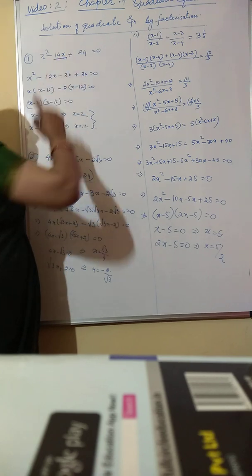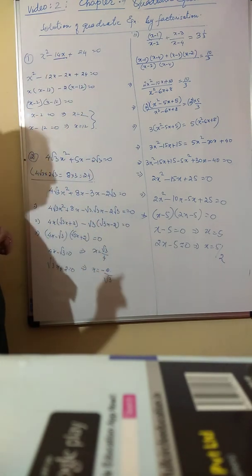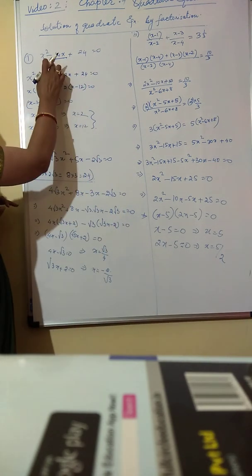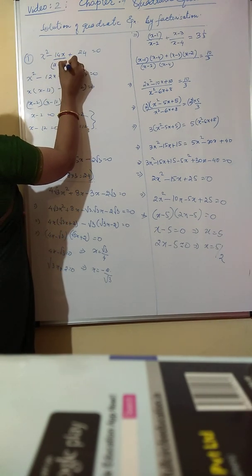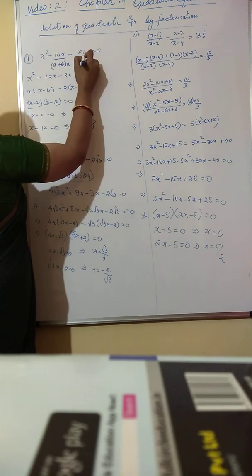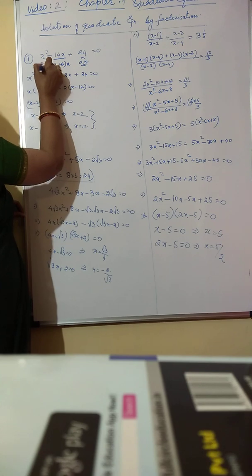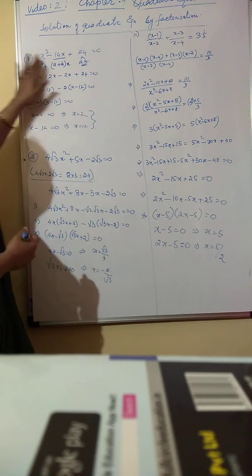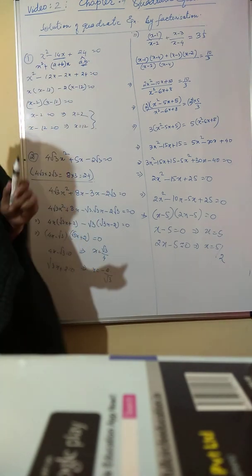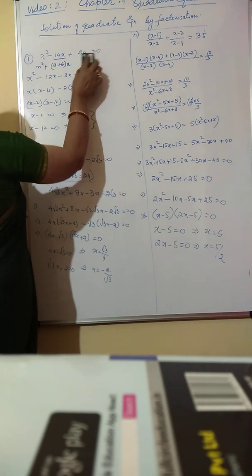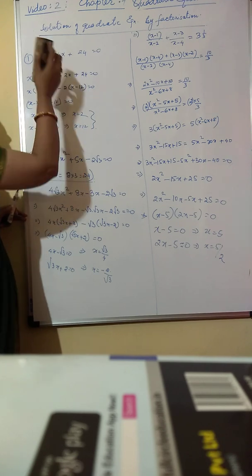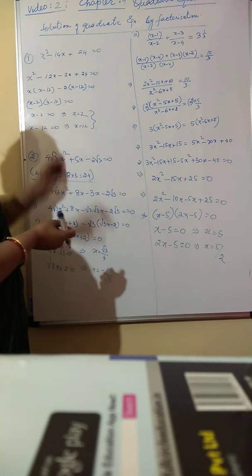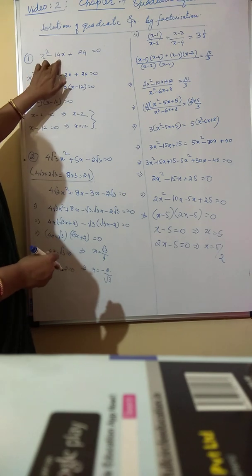That means, if you remember the method of splitting the middle term, this should be expressed as (a plus b) into x, and this is a into b, with x square. So this is what splitting the middle term is. What do we need to do? We have to split the constant term into such factors so that the sum of the two factors is equal to the middle term.